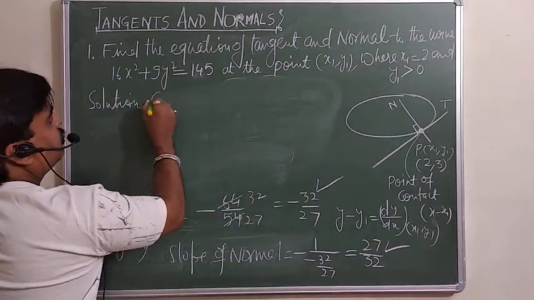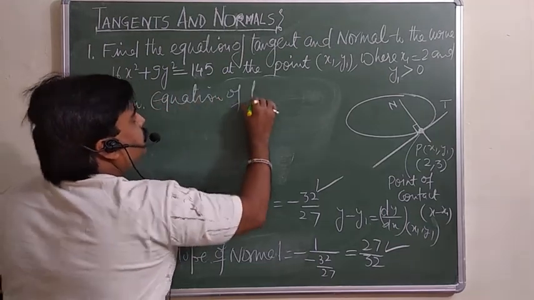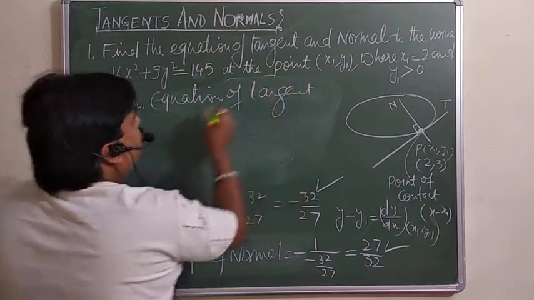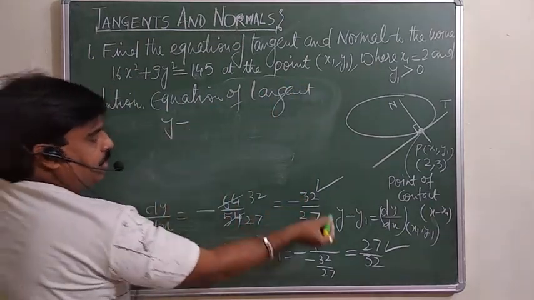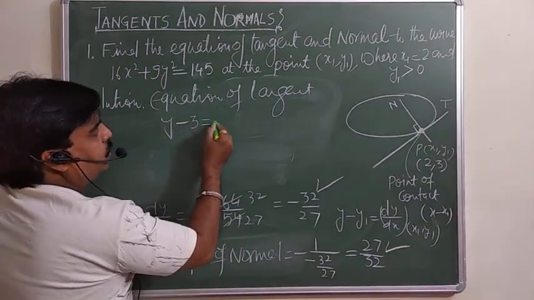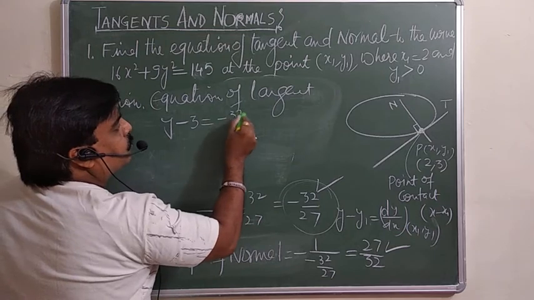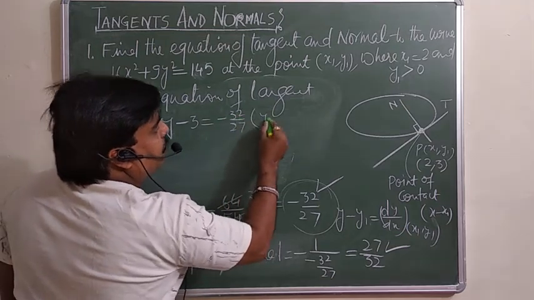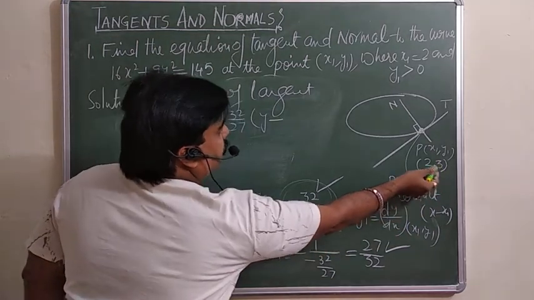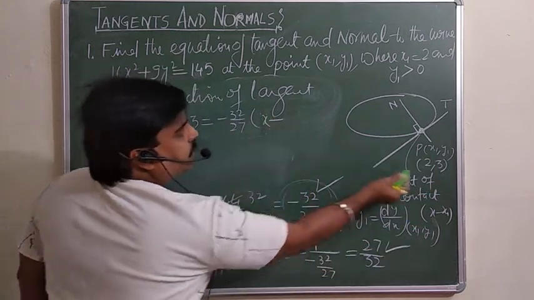So look here. Equation of tangent will be equal to what? y minus y1, where the point of contact coordinate is (2, 3), so y minus 3 is equal to the slope, minus 32 over 27, into x minus x1, and x1 is 2.